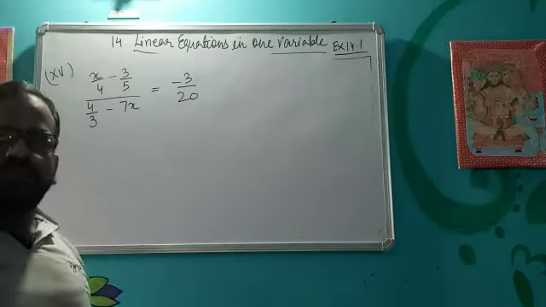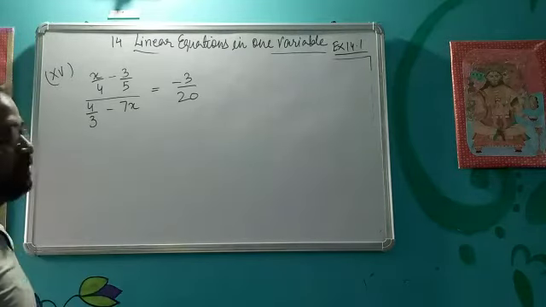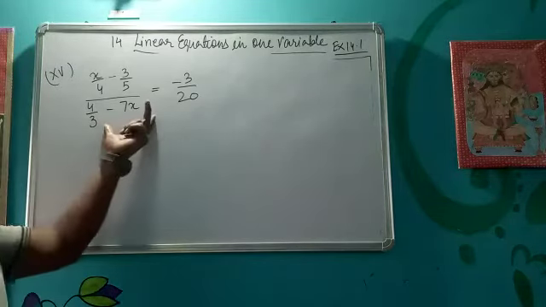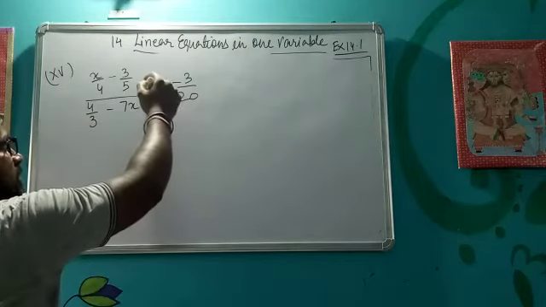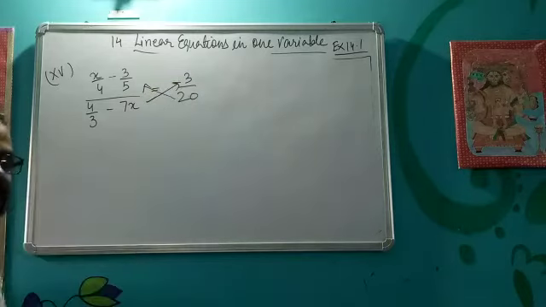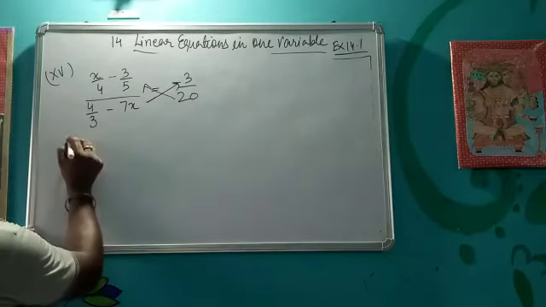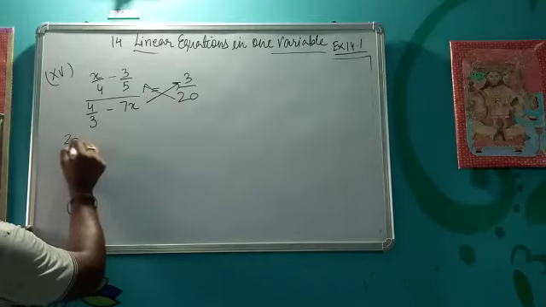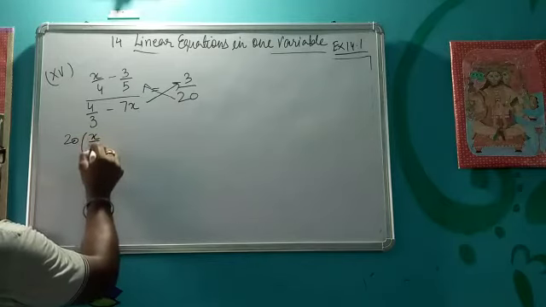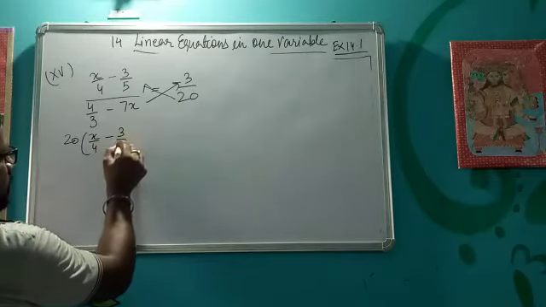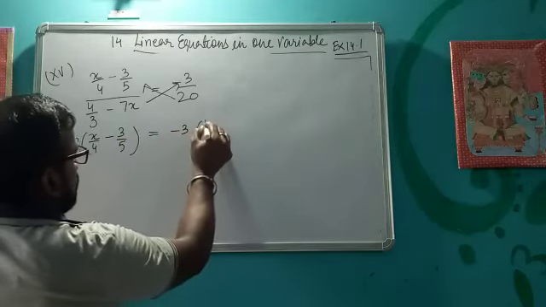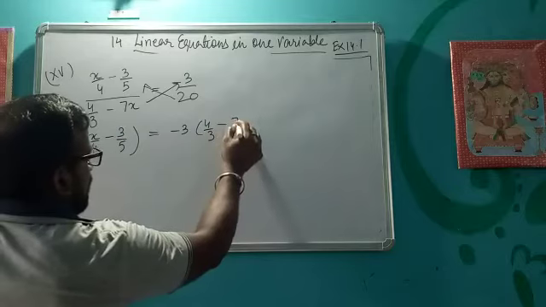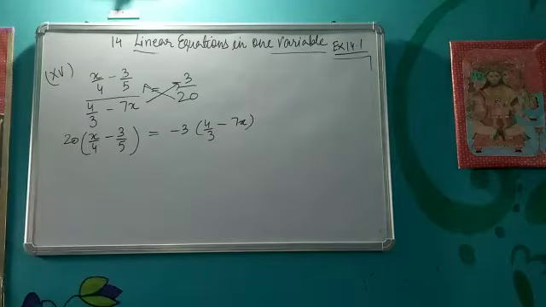Okay, so let's discuss one more question. So in this, what I am going to do is the cross multiplication like this. So when I do the cross multiplication, see what I will get. 20 into x upon 4 minus 3 upon 5 is equal to minus 3 into 4 upon 3 minus 7x.